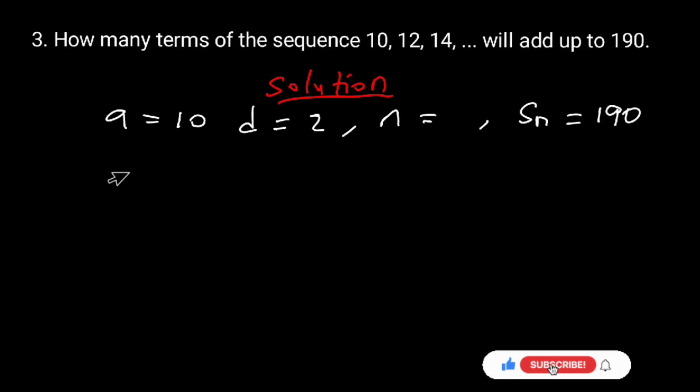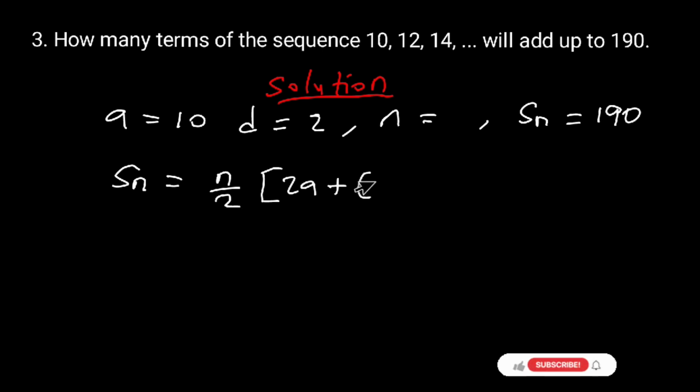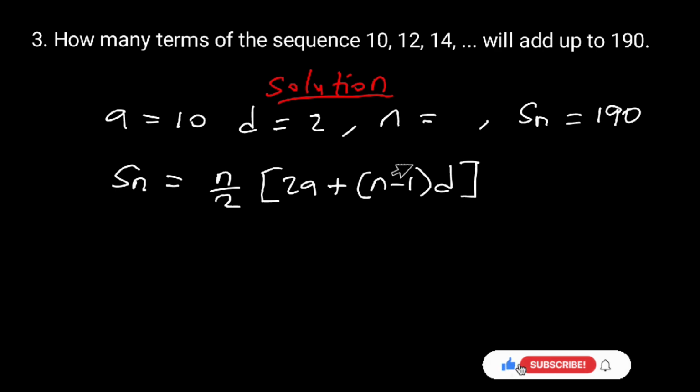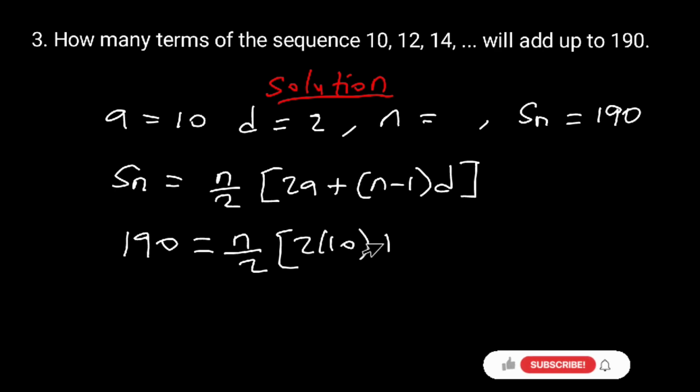So let's write our formula. The sum of terms is equal to n over 2 multiplied by 2a plus n minus 1 multiplied by the common difference. So from the question, the sum of the terms is equal to 190. We have n over 2 multiplied by 2 times 10 plus n minus 1 multiplied by the common difference, which is 2.